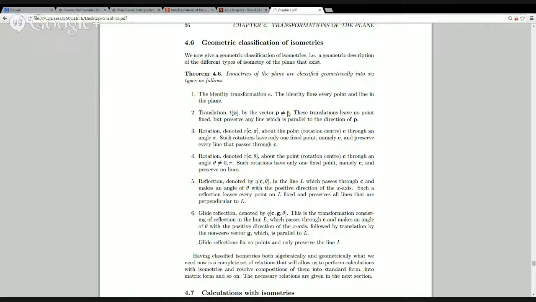So the vector (a, b) is the image of the basis vector i under the isometry. And the fact that a squared plus b squared equals 1 implies that (a, b) is on the unit circle.